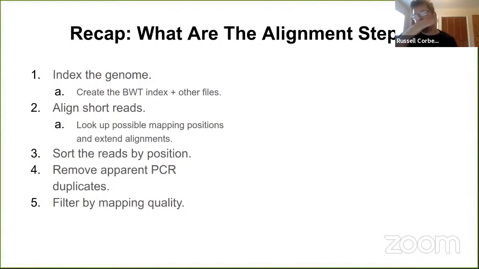And so they get sorted by their position on the reference so that reads that come from nearby places on the reference are nearby each other in this file. It's very convenient for all sorts of things that we'll show you. You then remove the apparent PCR duplications and potentially filter by mapping quality, but often the tools that you will use downstream will do that implicitly or explicitly as well. So you may not need to do that, but I'll show you how to do it today anyway.